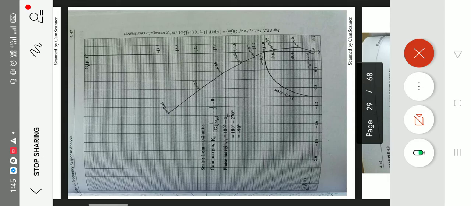This is the first value. Next, the second value at 0.5. Here I am taking all those.